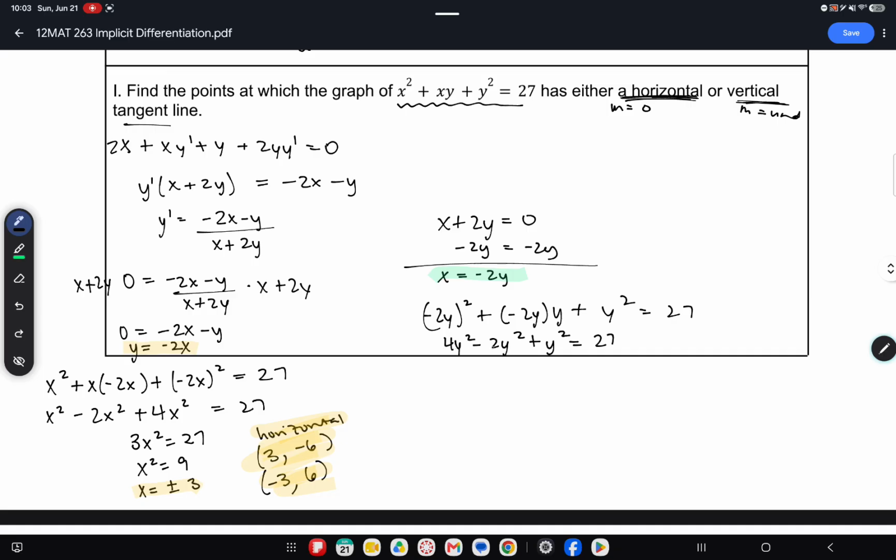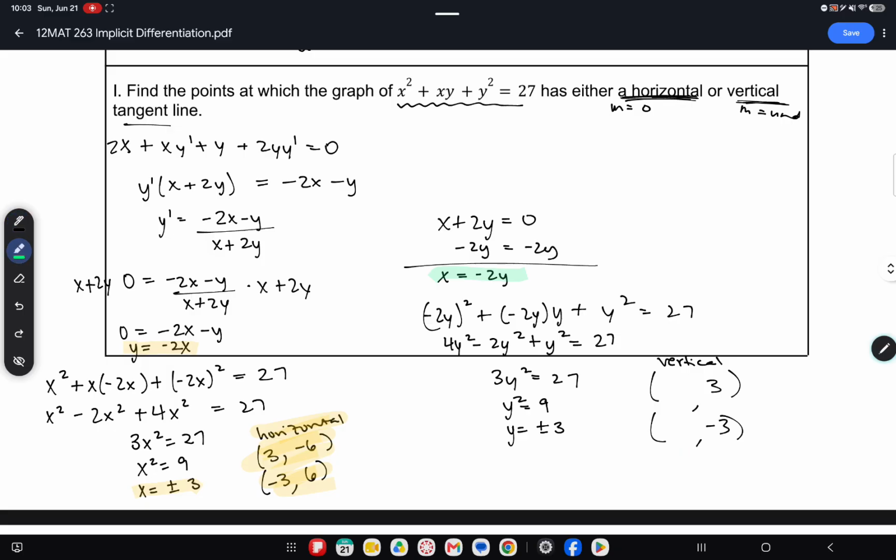So 4 minus 2 is 2, 2 plus 1 is 3. Very, very similar, right? So y squared is 9, and y is now plus or minus 3. So if I look at my points, I'll write vertical here. These are the y values, 3 and negative 3.